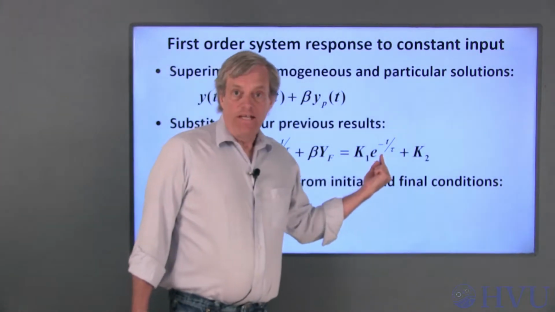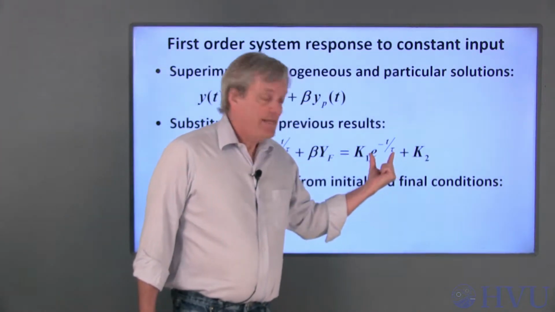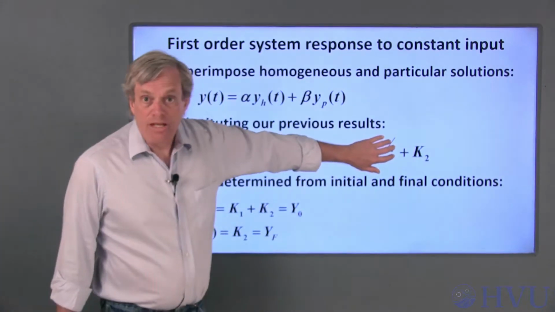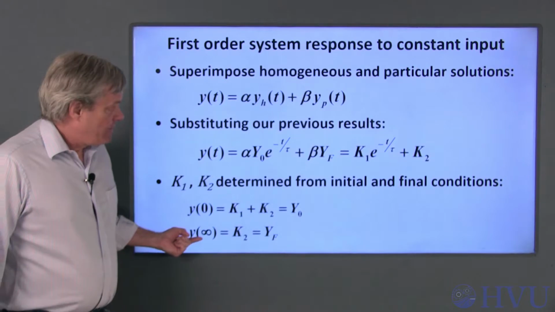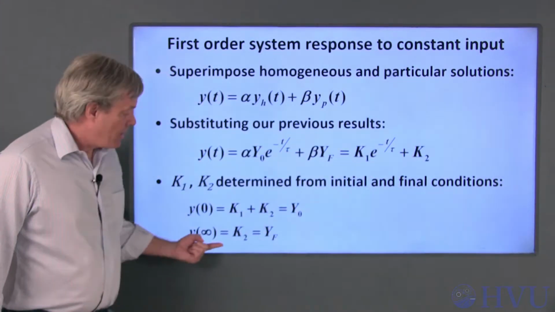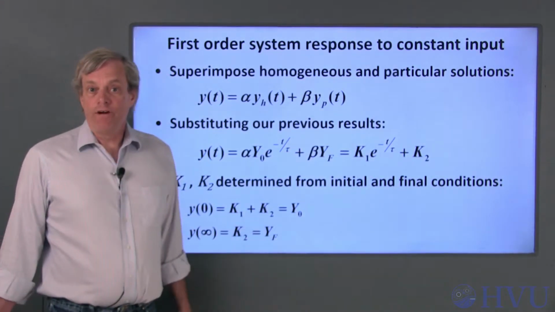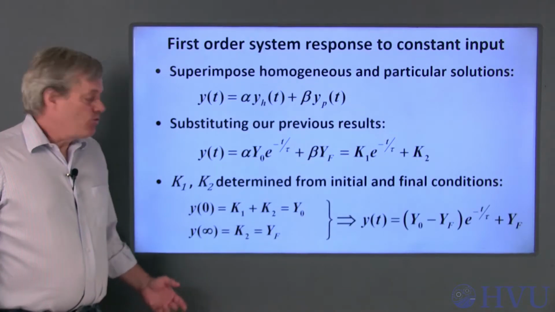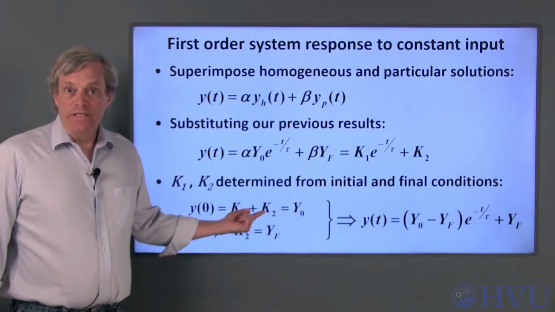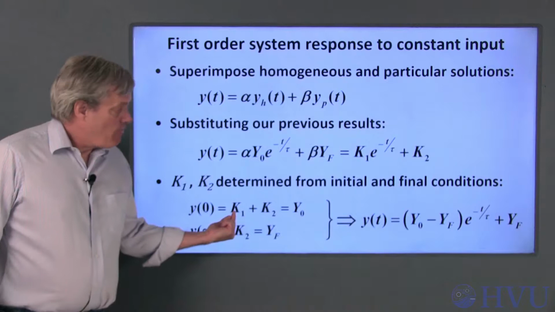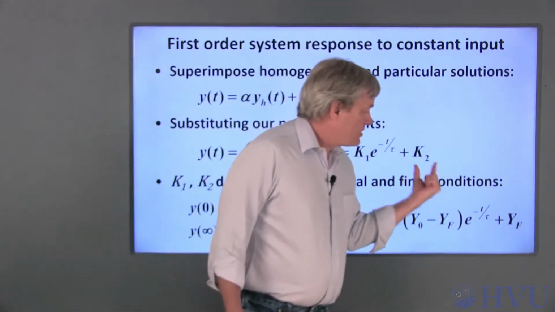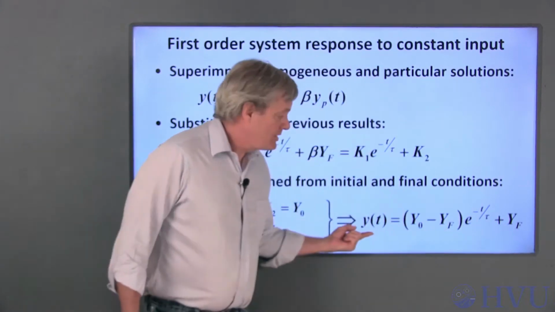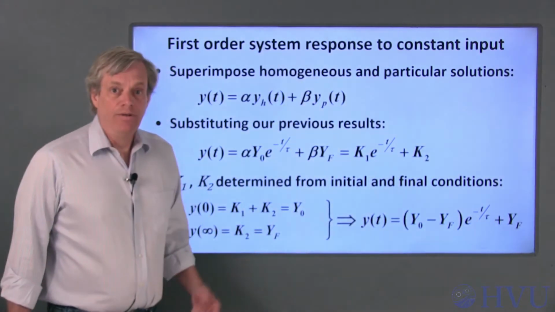For t equals infinity, e to the negative infinity is 0, and this term becomes 0. So the value of y at time t equals infinity is equal to k2, which I'll call y sub f for y final. If I substitute yf for k2 in this expression, I find that k1 is equal to y0 minus yf. Since k2 is equal to yf, this is the solution to the differential equation.